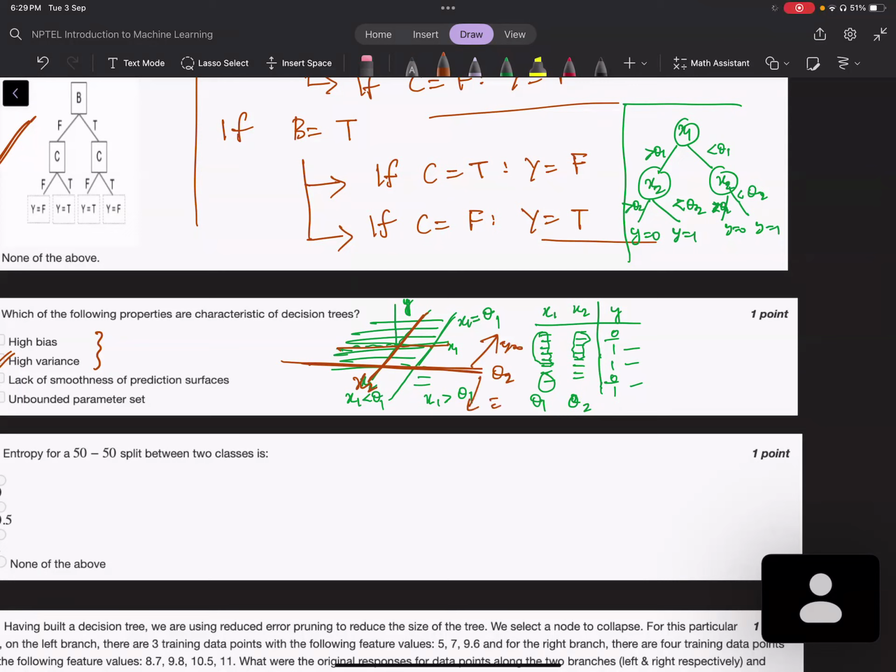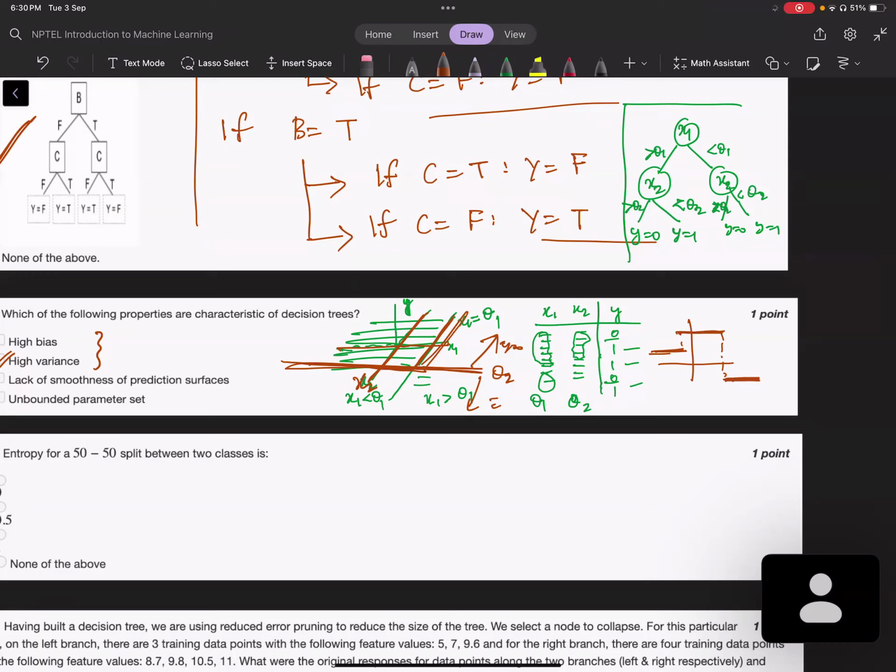So it creates a piecewise decision boundary or decision surface. Piecewise functions are like this, where the value of y is piecewise dependent on x.